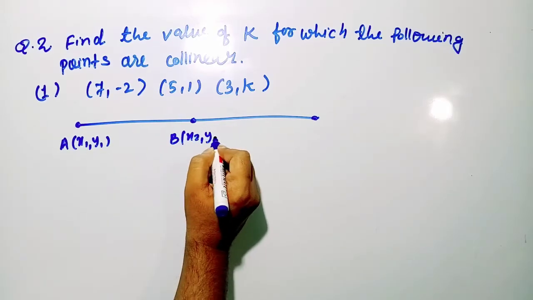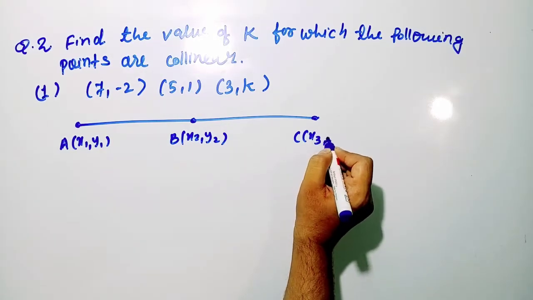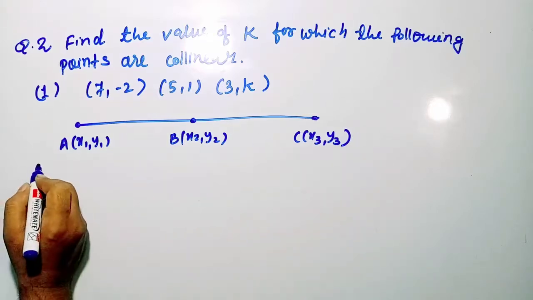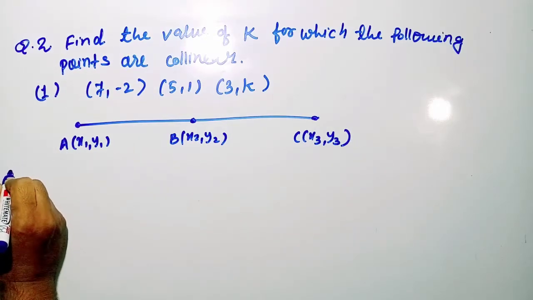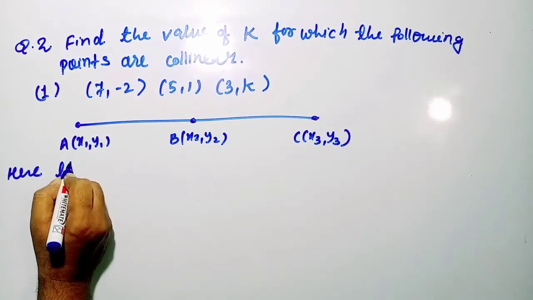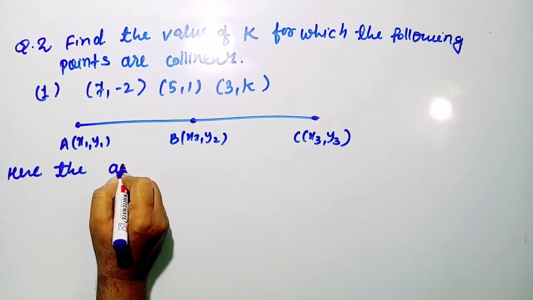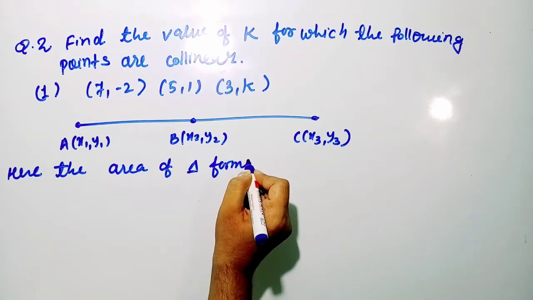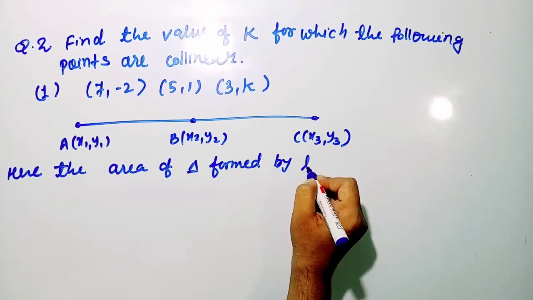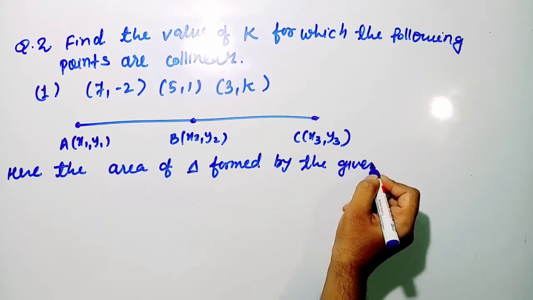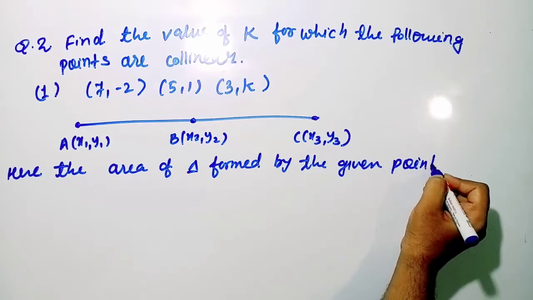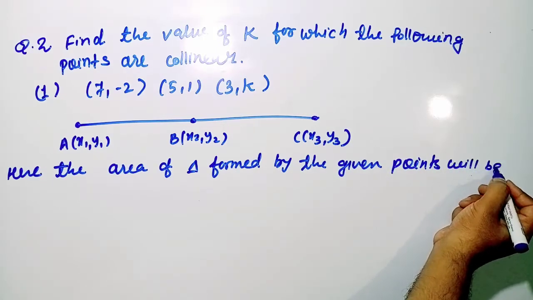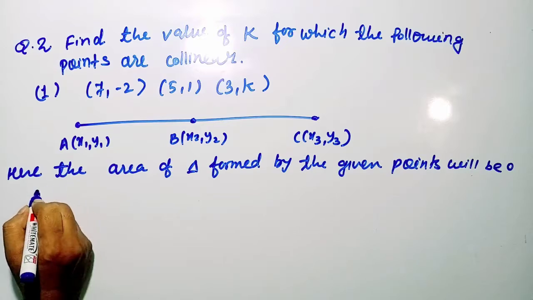So students, considering these points as A, B and C in the form of x1, y1, x2, y2 and x3, y3 respectively, the area of the triangle formed by the given points will be 0, right?